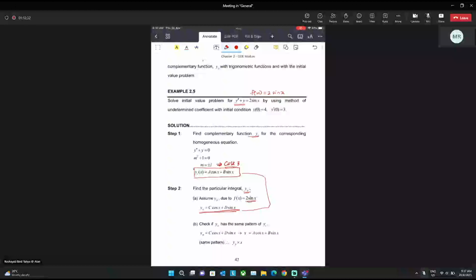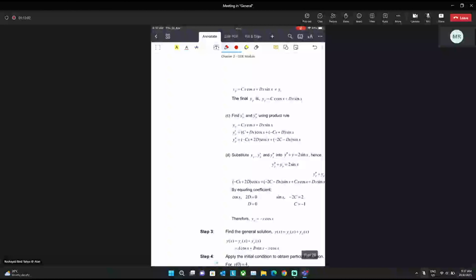Yes. And then what you need to do, since your step 2, we need to find your YP. So YP need to multiply with X. So YP become CX cos X plus DX sin X. Okay, this is your final YP.